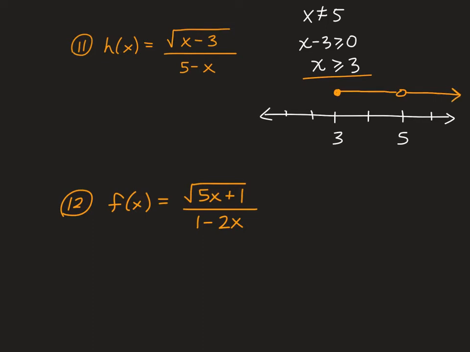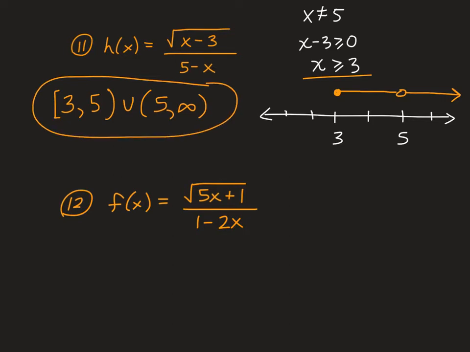So basically, in order to write this as an interval, we can start at 3, because that's the smallest we can be, but we can only go up to 5, but we can't include it because x cannot be 5. Then we put a union because we're jumping over 5. So we're here. We're jumping over it and traveling all the way to infinity, since we have no more issues. That's our domain.